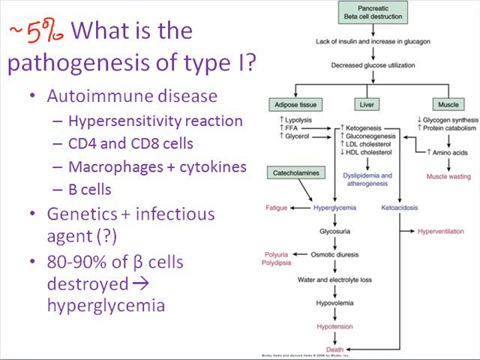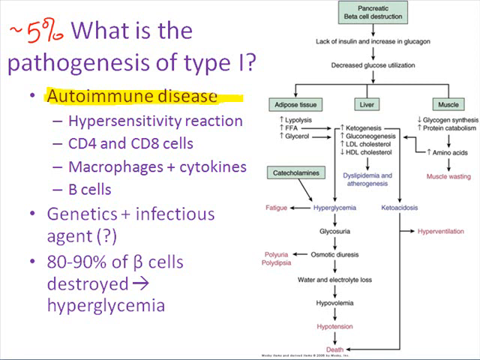We know it's an autoimmune disease, and it represents a type of hypersensitivity reaction in which we think there are either helper T cells or cytotoxic T cells, or both, that become sensitized to either a receptor found on the surface of pancreatic beta cells, the ones that secrete insulin, or that become sensitive to the insulin itself.